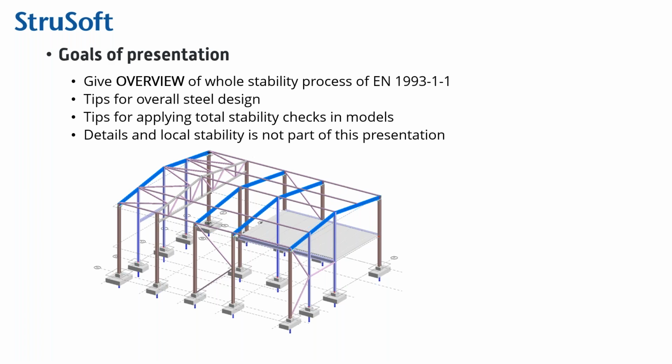The details of the stability, like local stability and local buckling, are not part of this presentation. It's a very complex topic, and it's left out intentionally so that the topic does not get too complex. So the overview of the whole stability analysis according to the Eurocode is the thing today.